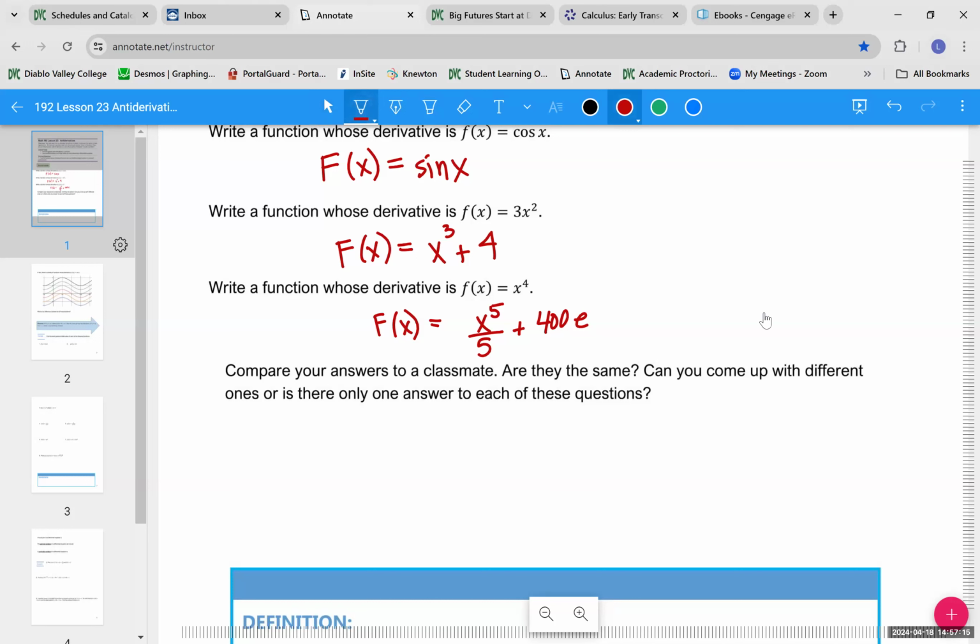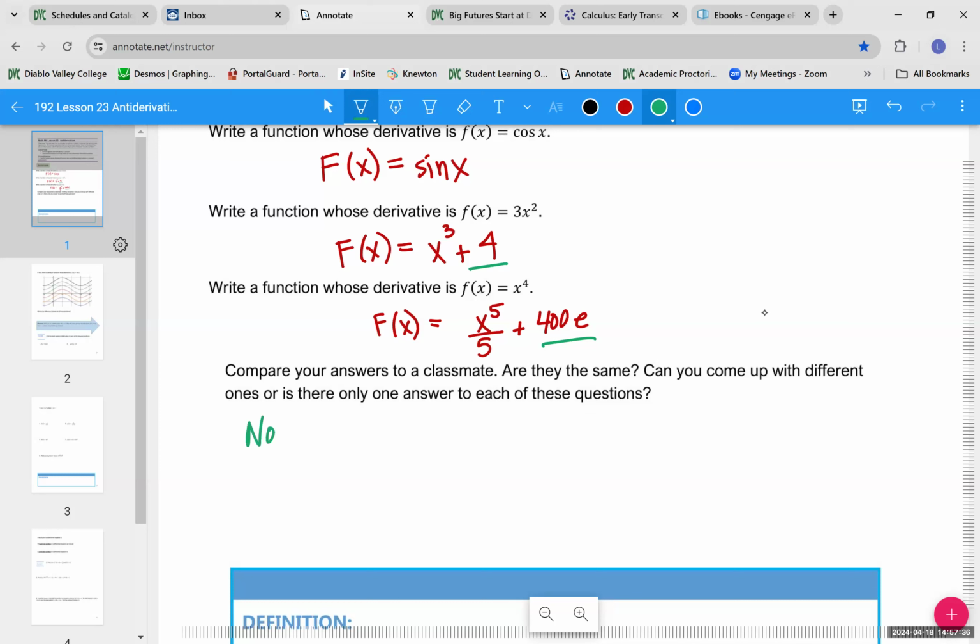I spelled that out as I was doing my second and third examples, where actually there are infinite possibilities, because I chose to add 4 and 400, but I could have added any constant whatsoever, and it still wouldn't have changed the derivative of the function.